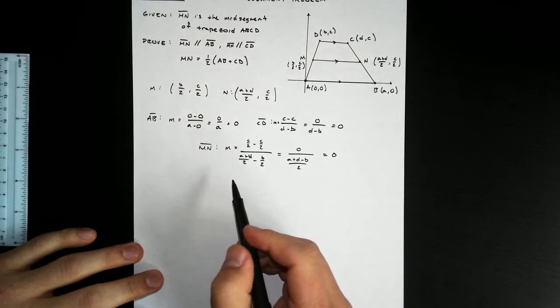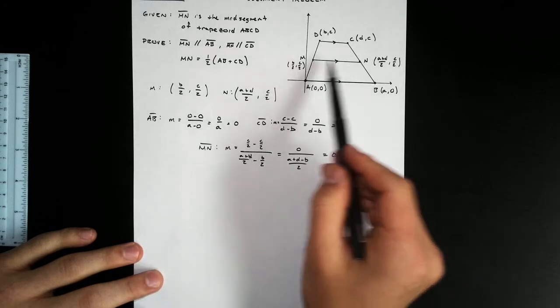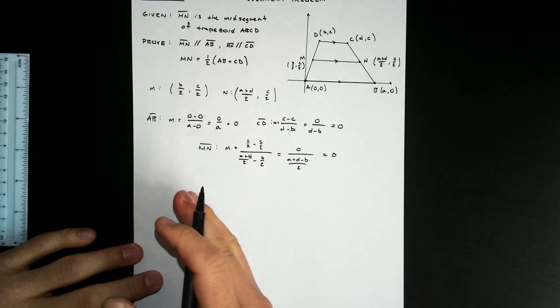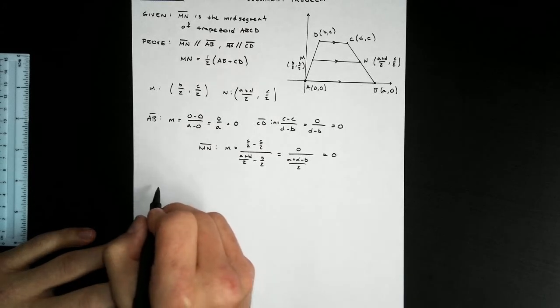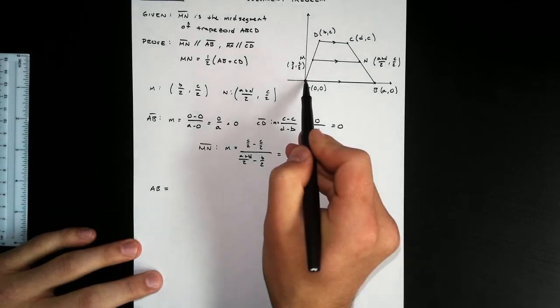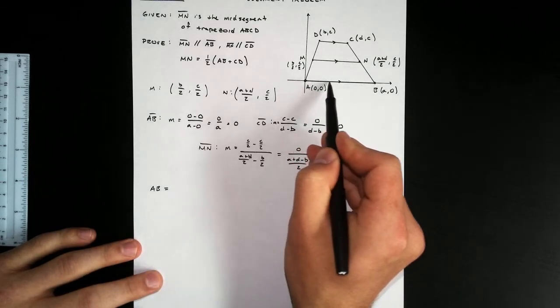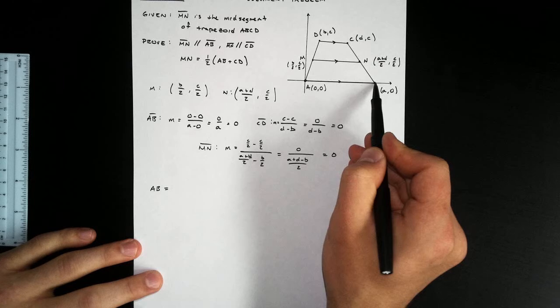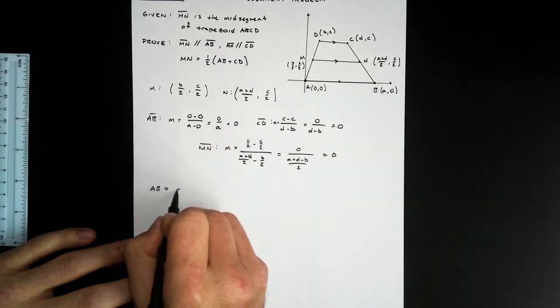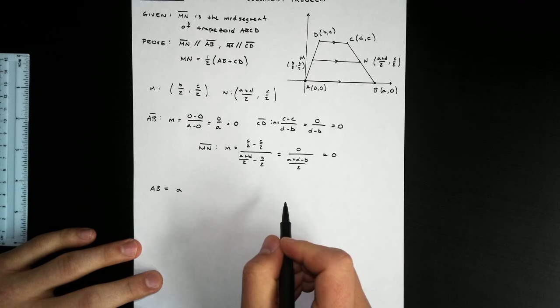We could use the distance formula, but because they're horizontal segments, we can just use the difference of the x values as their lengths. So for example, AB, going from 0 horizontally to get to B, that's just a difference of a units. So AB is equal to a.